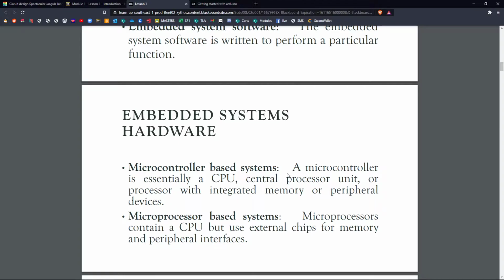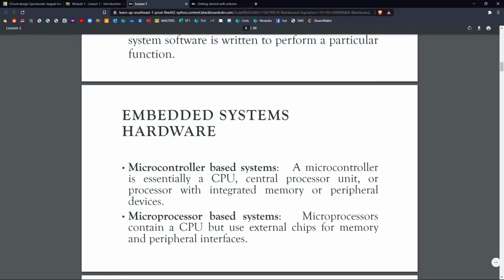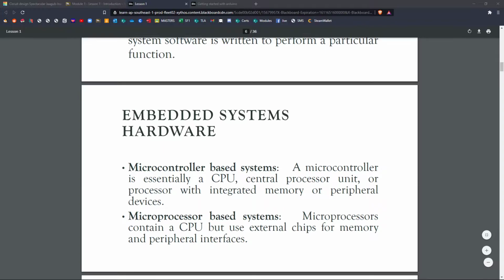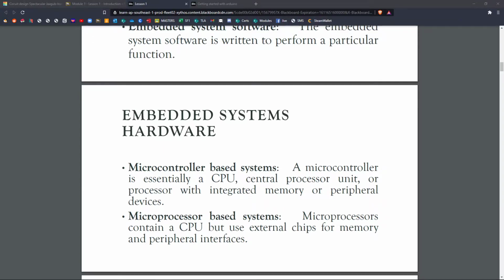It also includes your smart TV. Everything that we consider smart now is usually a microprocessor-based system. Another example is your computer.